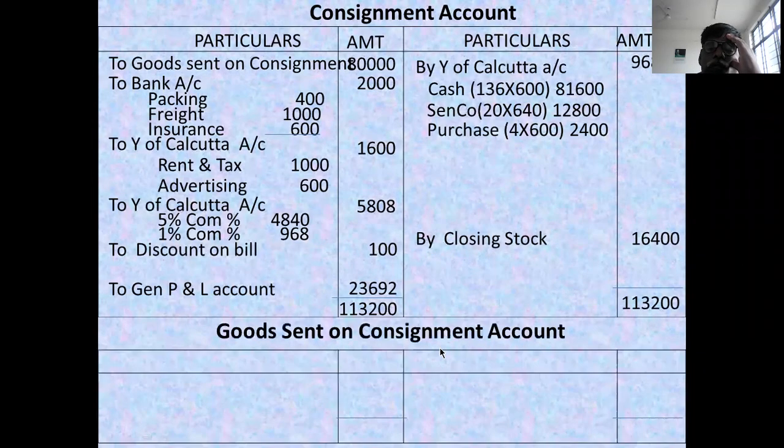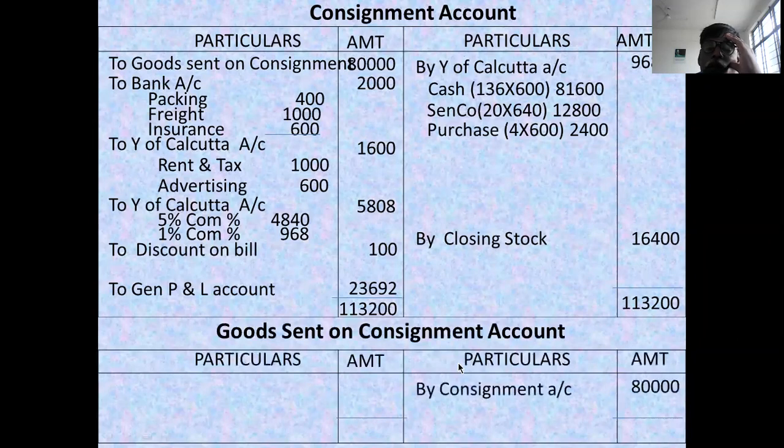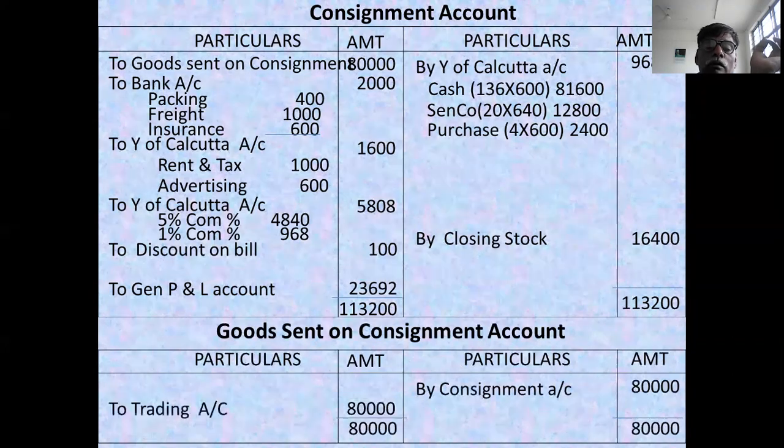Consignment, the goods sent on consignment account. This is the same as a branch account. You see this.